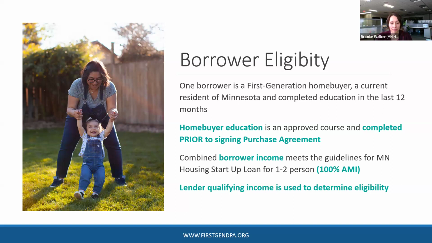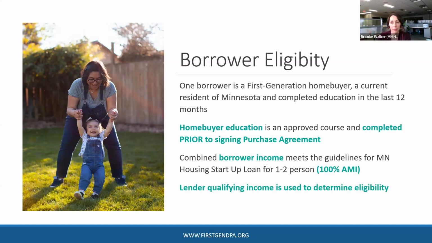Sometimes the counter argument to using borrower income is, what if they don't include a spouse or a partner on the mortgage? While that is allowable, given the market and the cost of housing, it's unlikely for most, and it's a huge drawback because it's going to limit their purchase price significantly.